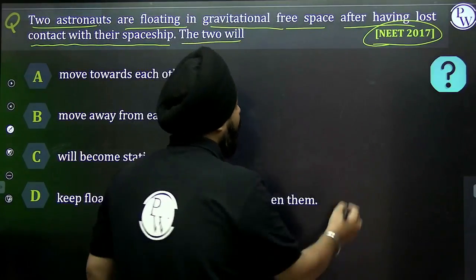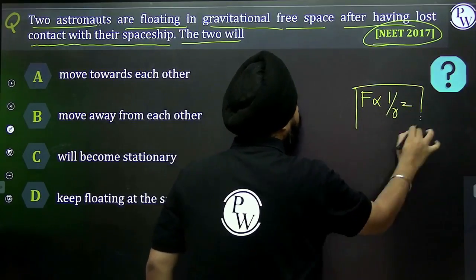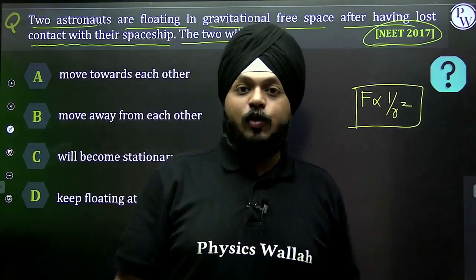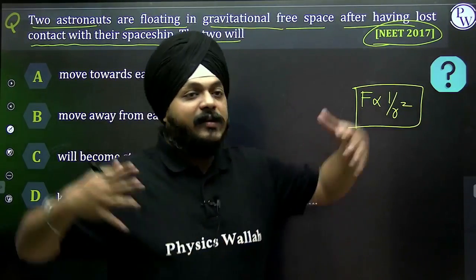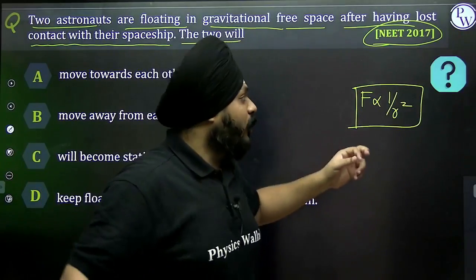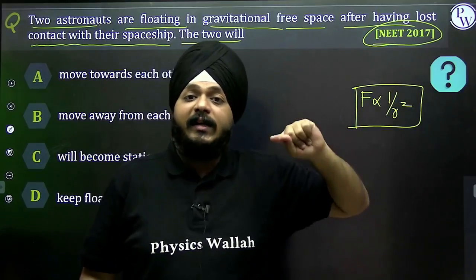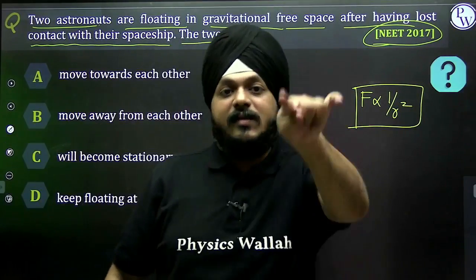I am completely aware that F is proportional to 1 by r square, but since they are at very large distances, the mutual force of attraction acting between them would be quite less. But quite less doesn't mean it is zero.